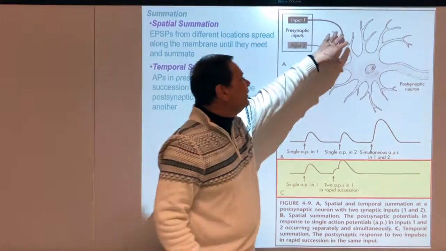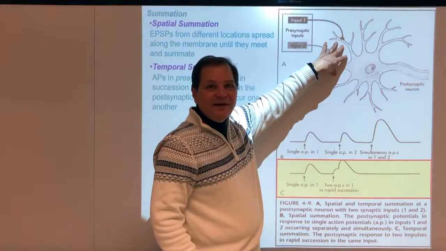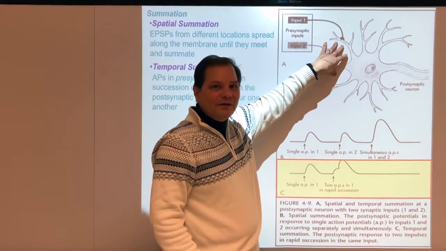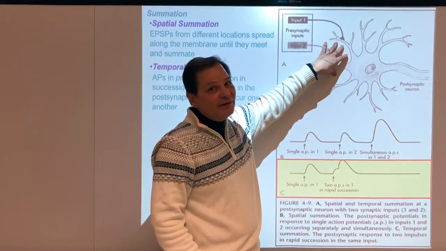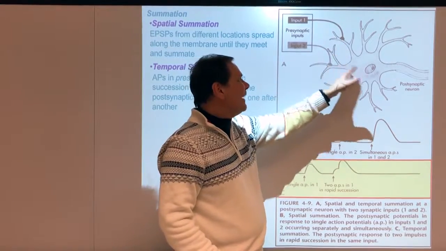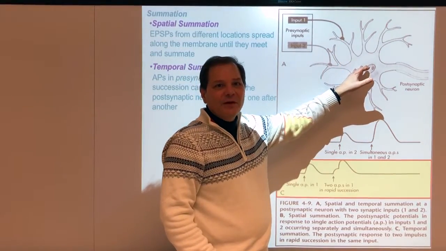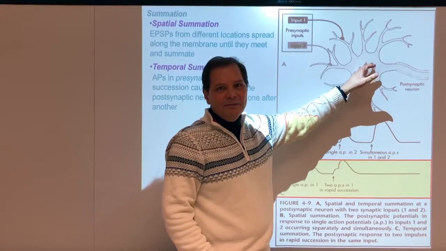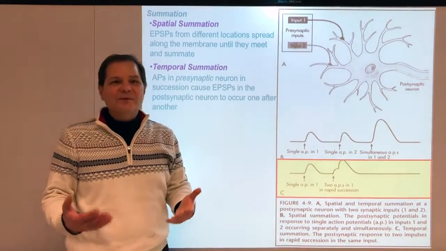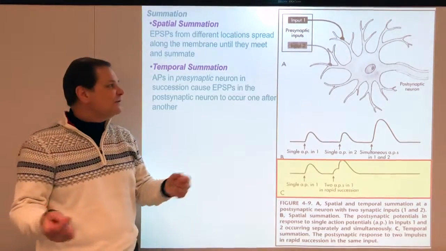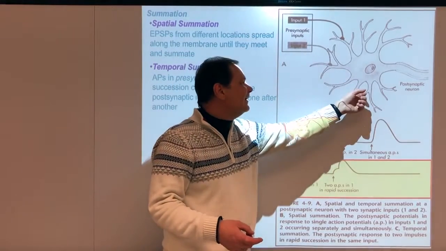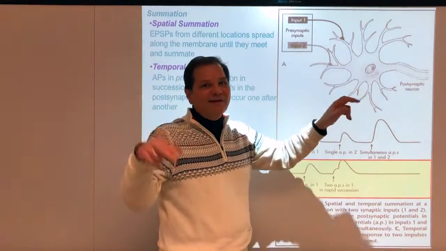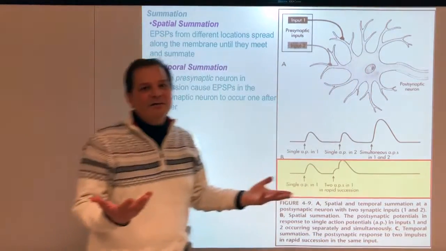It's a bunch of inputs that tend to want to make your neuron depolarize, or maybe they tend to want to resist it. And it's the balance between the two that decides whether this is actually going to fire or not. So it's a different kind of process because it's really complicated. There are usually a lot of inputs that are needed to, quote, make a decision, unquote, and cause a neuron to fire.